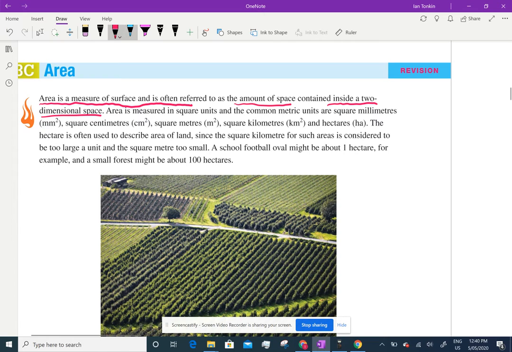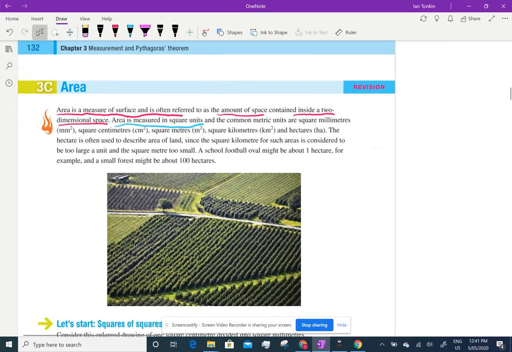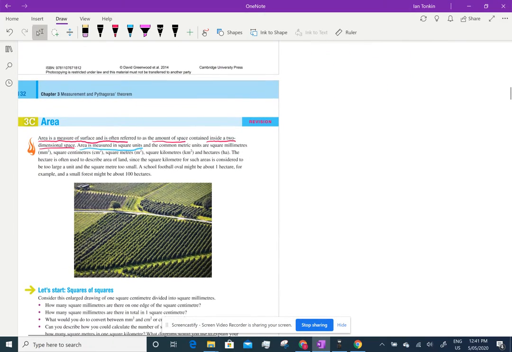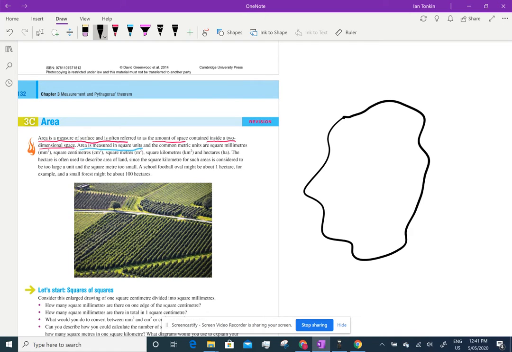And I'd also add this thing because this is very important. Area is measured in square units. Now, why do we measure space in square units? Let's take, for example, if I had an area of land like that. Well, how am I going to decide how I'm going to measure it?